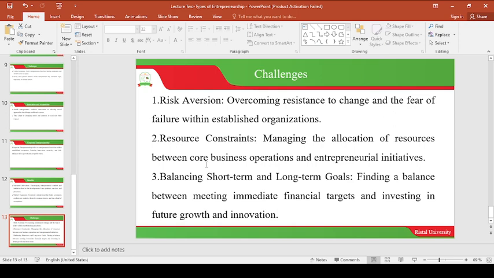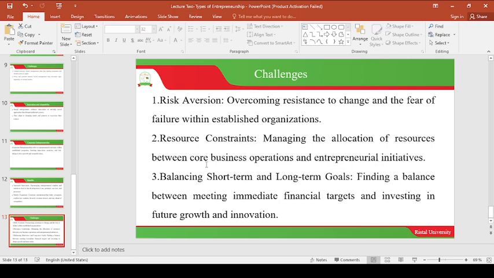And if you are resistant to change, there is no way you're going to be innovative because innovation is all about change, introduction of something new or modification of the current product to suit the current need. If you have a team of management which does not support change, if you have a team of management which fears failure, then you cannot be successful. So one of the challenges facing corporate entrepreneurship is risk aversion. People fear to take risk.